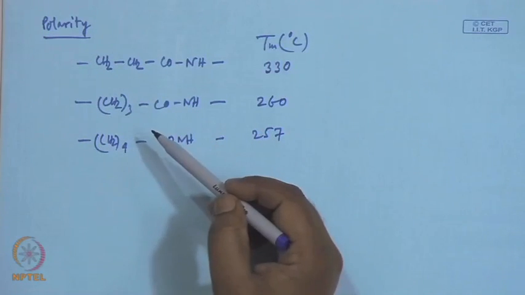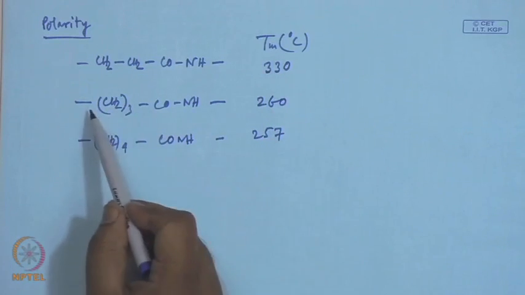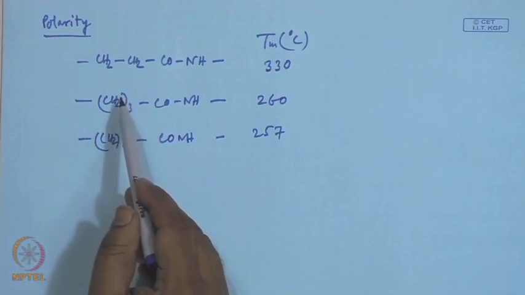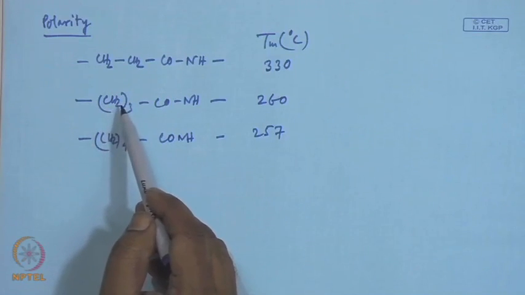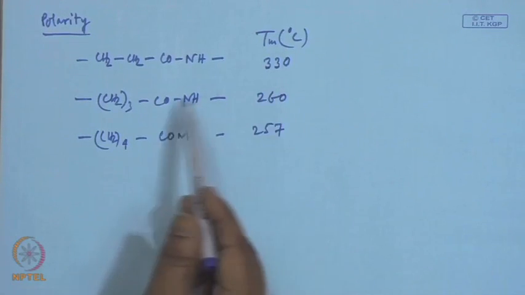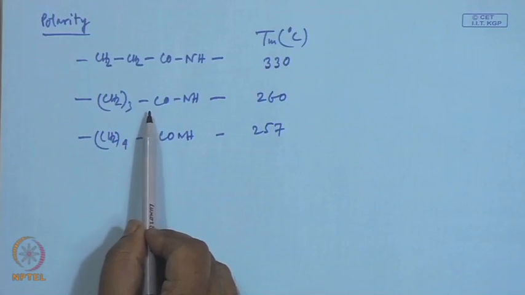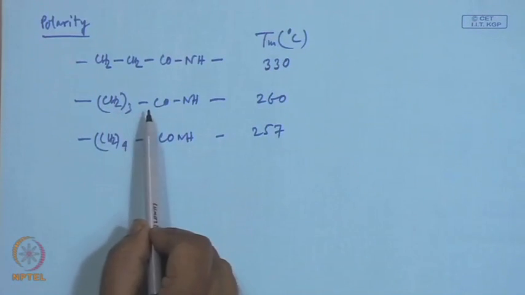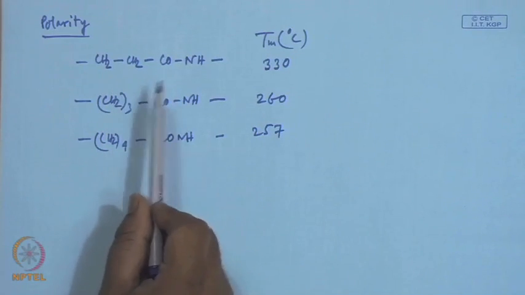Now, in this case you can argue that this drop in Tm could be because of the increasing flexibility of the backbone, and you are right, it can cause some decrease in the Tm because of the increased flexibility, but the amount of drop shown here can only be explained by the decrease in the intermolecular attraction, because the fraction of CONH group is less in this polymer chain compared to the one shown here.